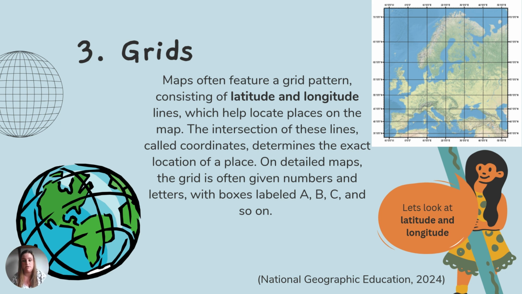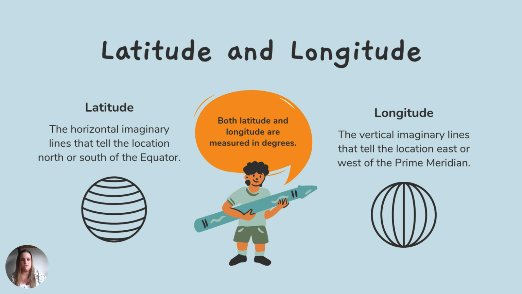Now let's look at latitude and longitude. I know you learned this in grade 4, but just in case we forgot, let's look at it again. So latitude is the horizontal imaginary lines that tell the location north and south of our equator.